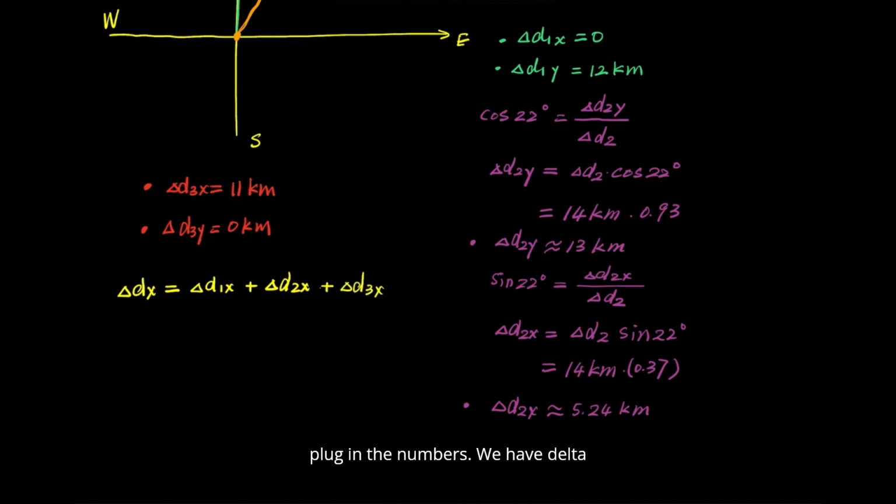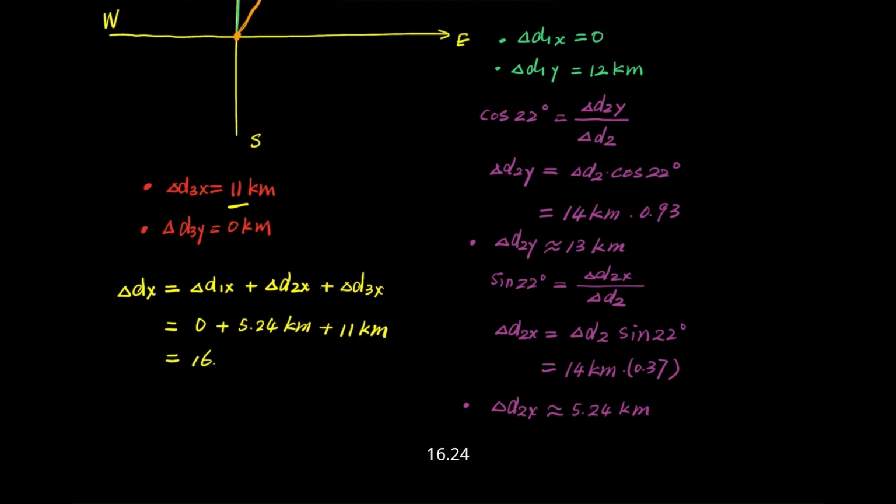Let's plug in the numbers. We have delta d1x is 0 plus delta d2x is 5.24 kilometers plus delta d3x is 11 kilometers. So it equals 16.24 kilometers.